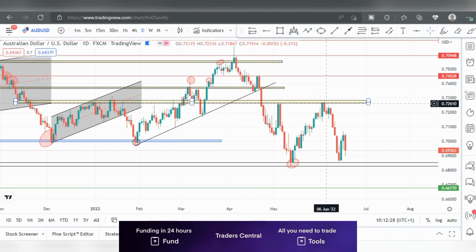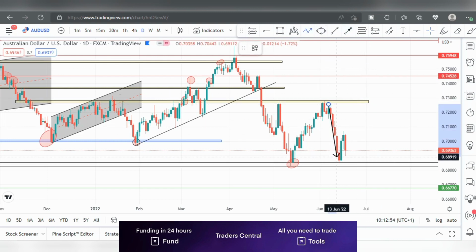From there, price also retraced back down to that same support area of 0.685. From this nice bullish engulfing candle, price tried to push up but quickly retraced back down a little bit. I say retrace because that's what I think this is. This could just possibly be a retracement, and price could bounce again from there and continue to the top. So something like this from here, quick retracement, and then continue to the top.